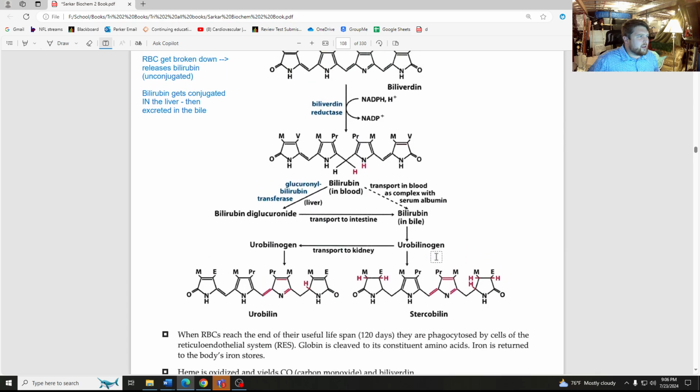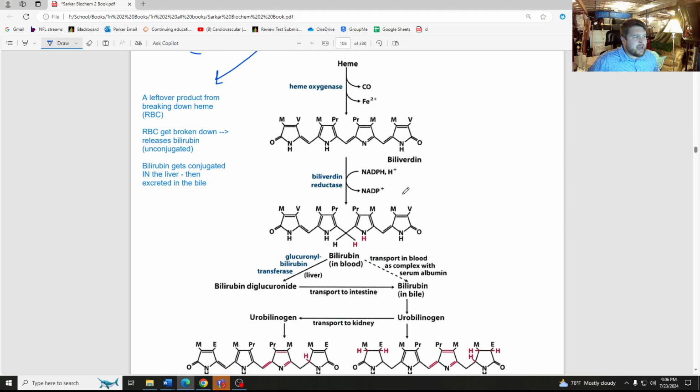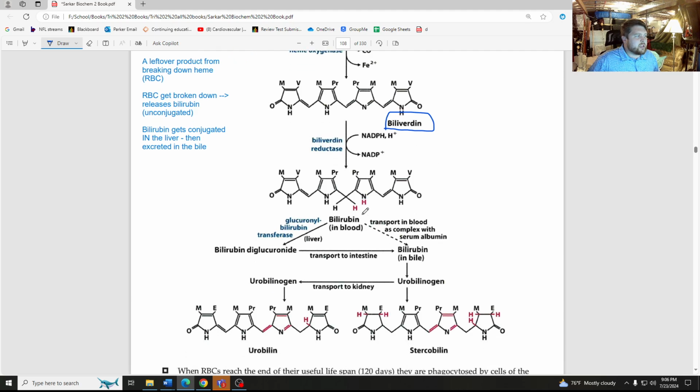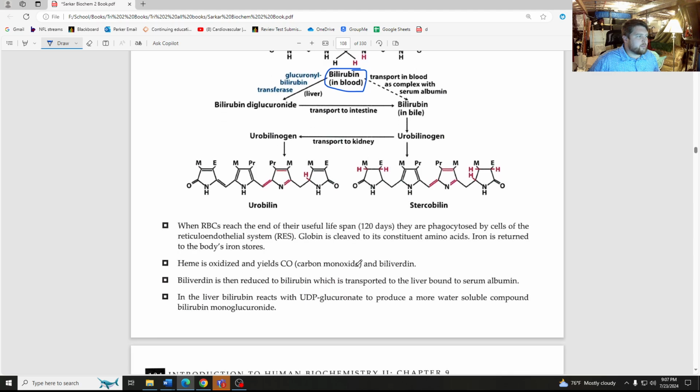If my memory serves me, the questions he's going to ask you, more so than these specific enzymes, are heme going to biliverdin, biliverdin going to bilirubin, and then where does bilirubin go? It goes to the liver, goes to the bile, and can also be excreted.